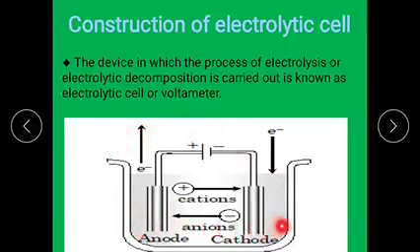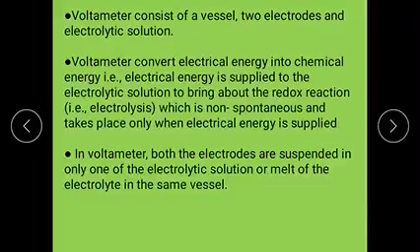Here the electrolysis process is carried out, so this cell is known as electrolytic cell or voltameter. This voltameter or electrolytic cell consists of a vessel, two electrodes and electrolytic solution.